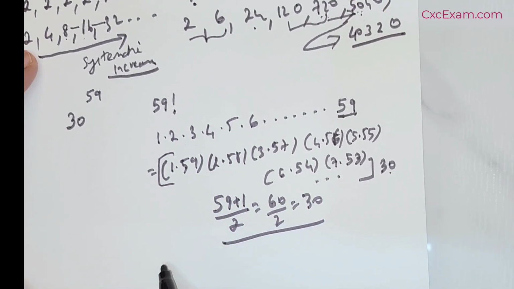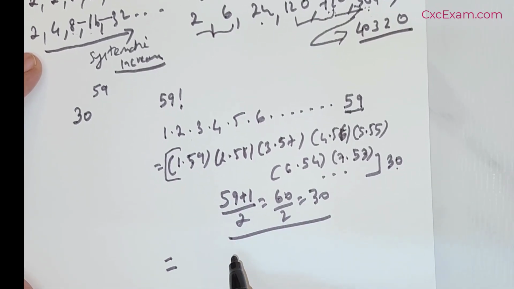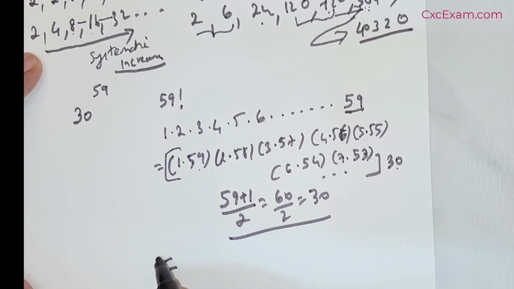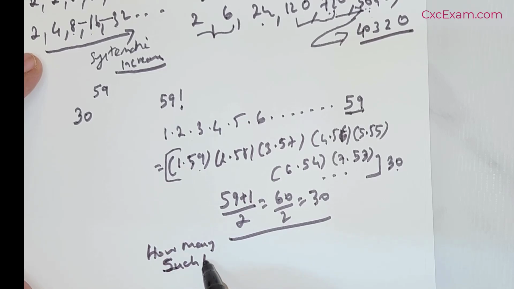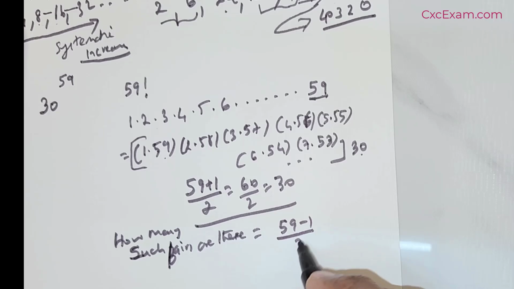After that, you will have to find out how many such pairs there are. For that, you take the number 59, take away 1 and divide by 2.